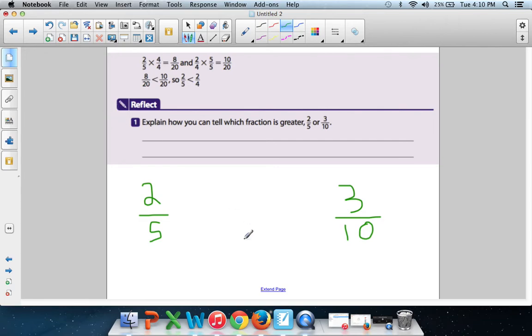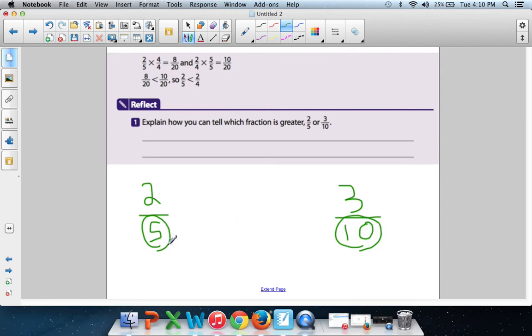Well, the best way to do that is to make the bottom numbers the same thing. And right away, think to yourself, I've got a 10 and I've got a 5.